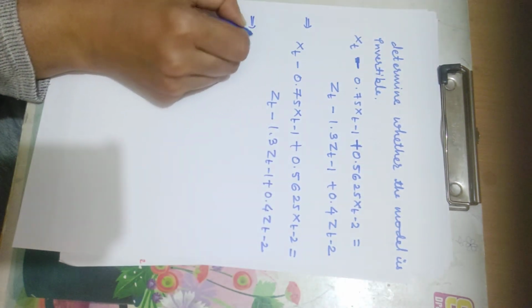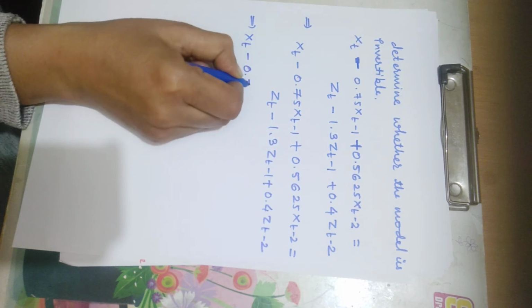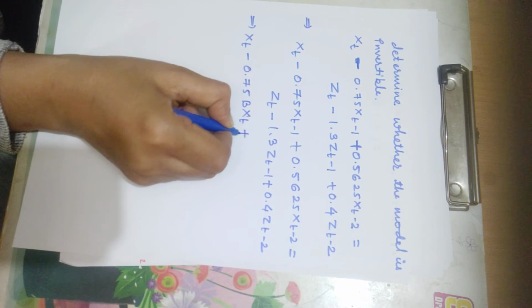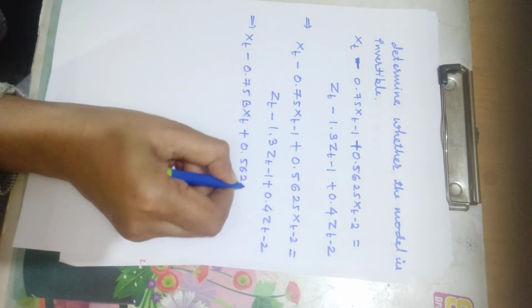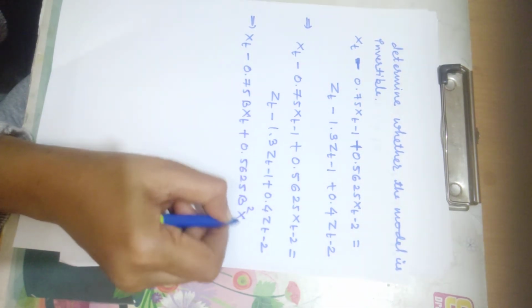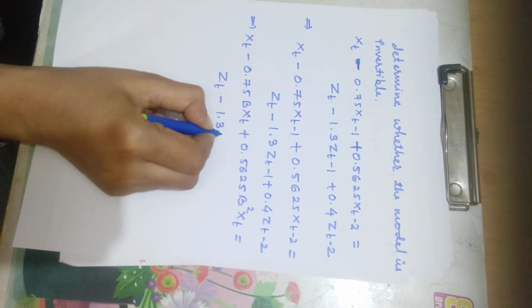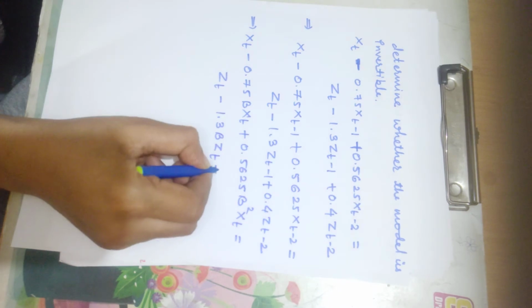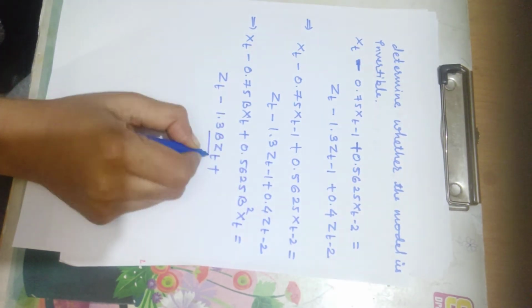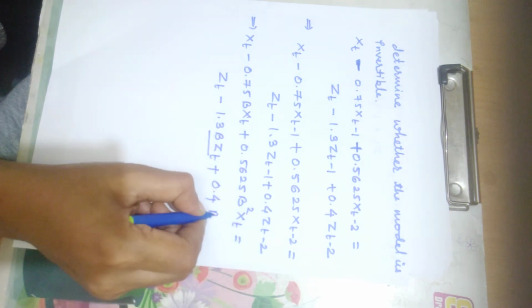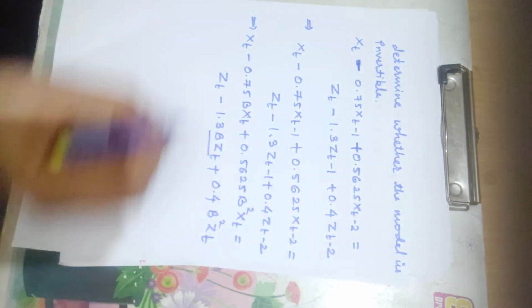So here xt minus 0.75 xt minus 1 can be written as b xt, plus 0.5625 b square xt is equal to zt minus 1.3 b zt, where zt minus 1 can be written as b zt, then plus 0.4 zt minus 2 can be written as b square zt.